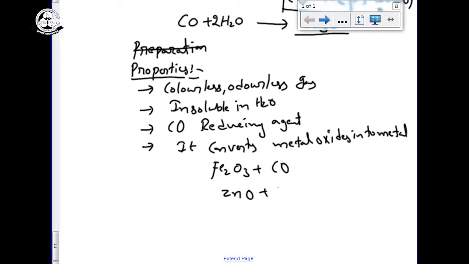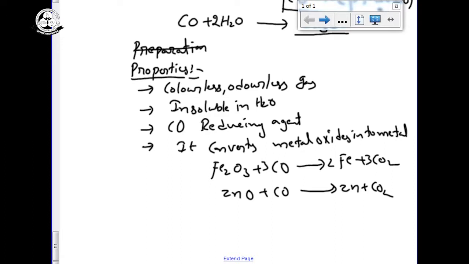Same with zinc oxide: with carbon monoxide it becomes metal zinc plus carbon dioxide, and iron oxide becomes iron plus carbon dioxide. So this is the best reducing agent.